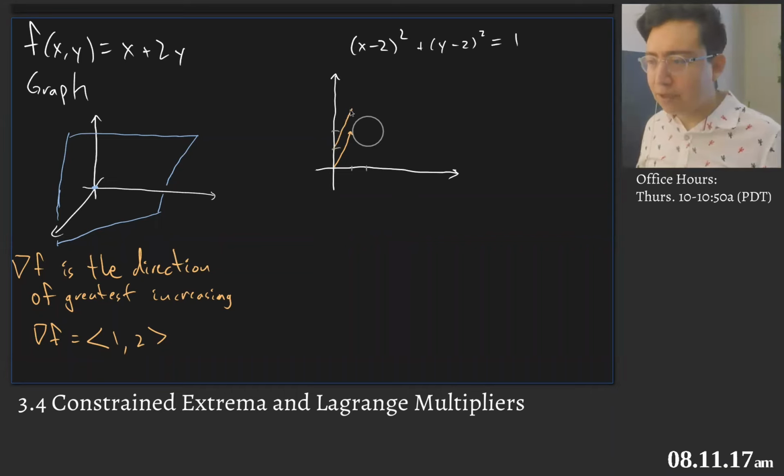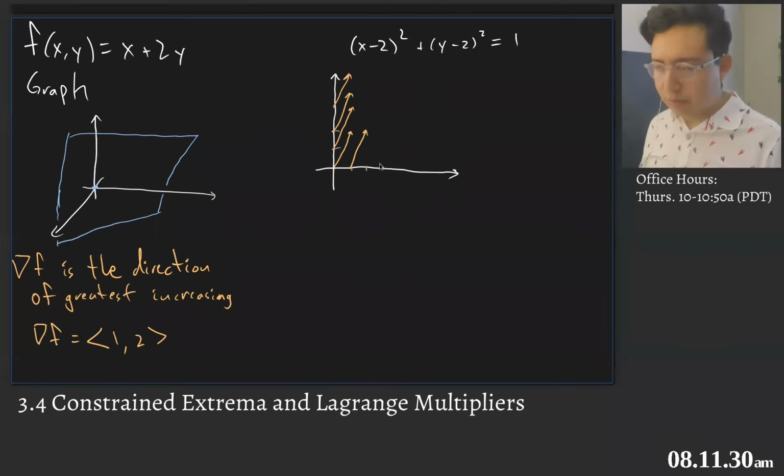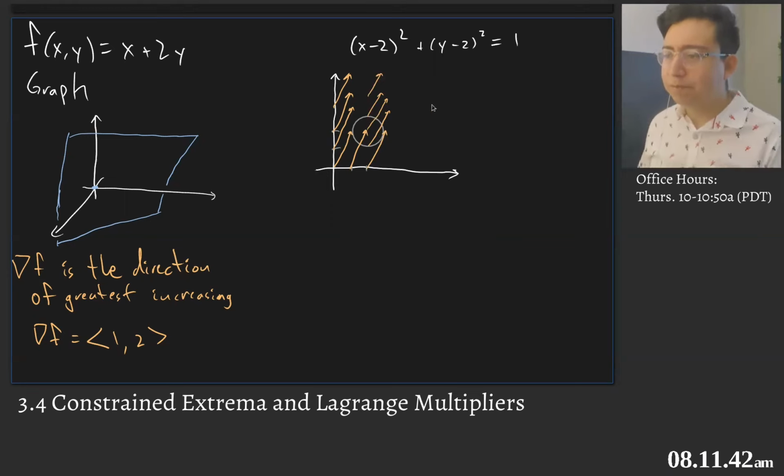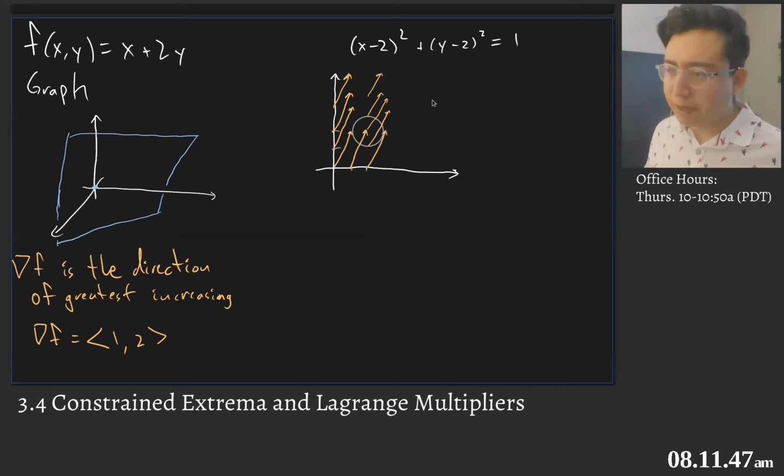So it's just this collection of vectors that's based everywhere, something like this. Something like that, right? Okay. So everywhere you get this vector in that direction. You just have vectors everywhere pointing in that direction.